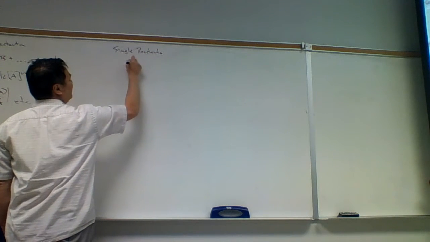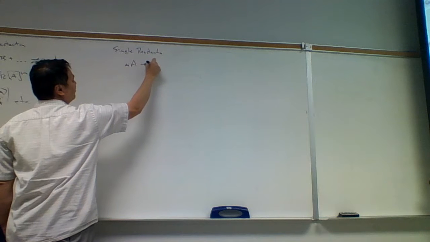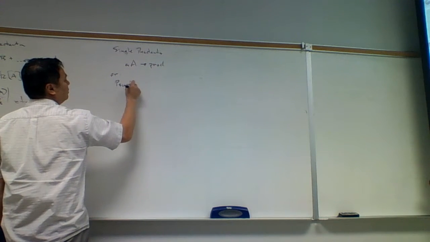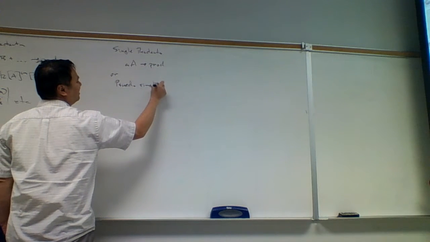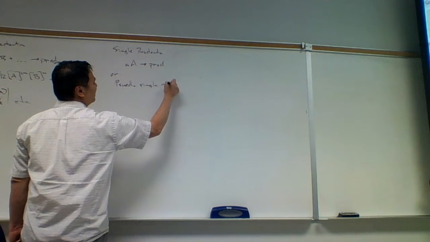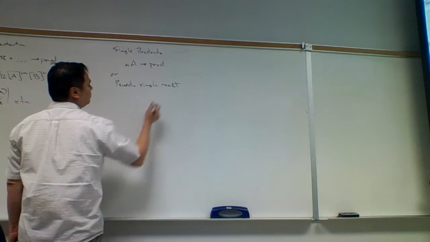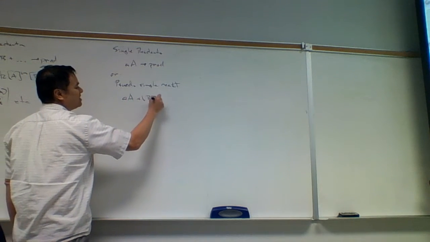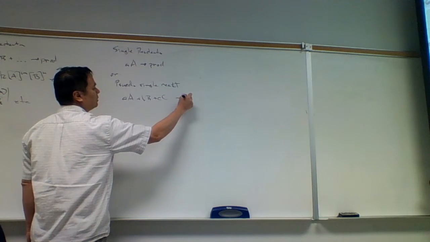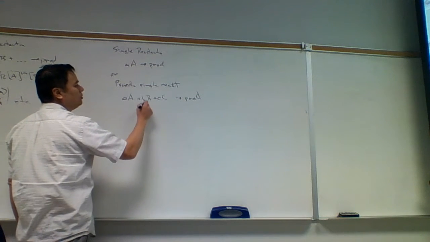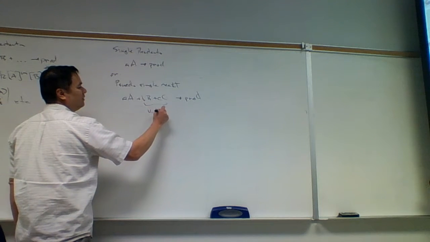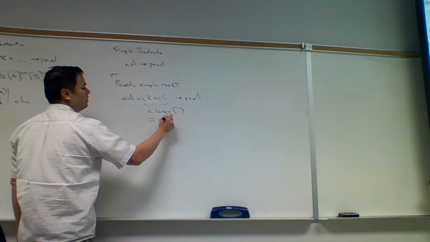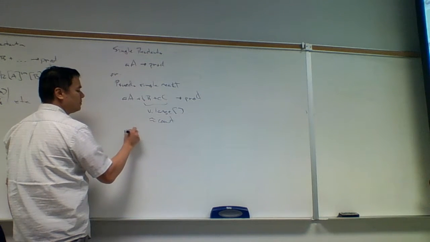Single reactants would just be A goes to product, or pseudo single reactants, where we can get it to look like that. So if we had A plus B plus C goes to product, what we do is we make two of these very large concentrations. That means they're fairly constant, which means that the rate law is going to simplify.